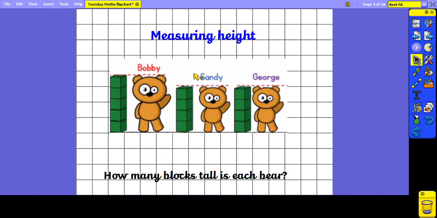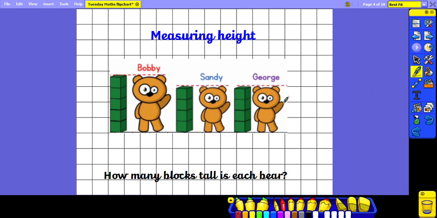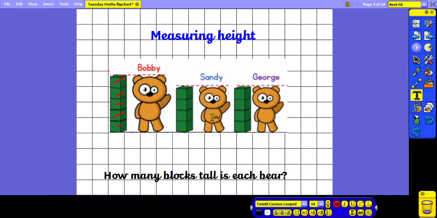Here we have been measuring the height of these different bears using blocks, and we need to work out how many blocks tall each bear is. So Bobby is 1, 2, 3, 4, 5 blocks tall.